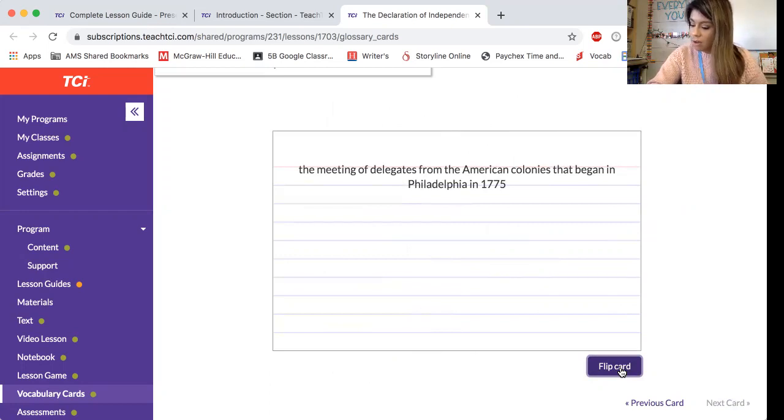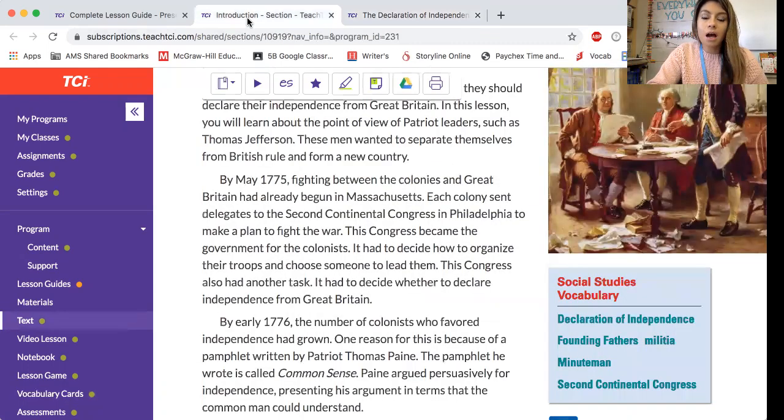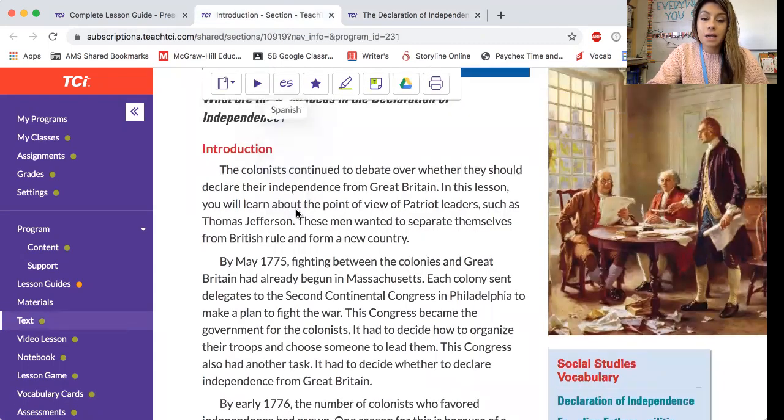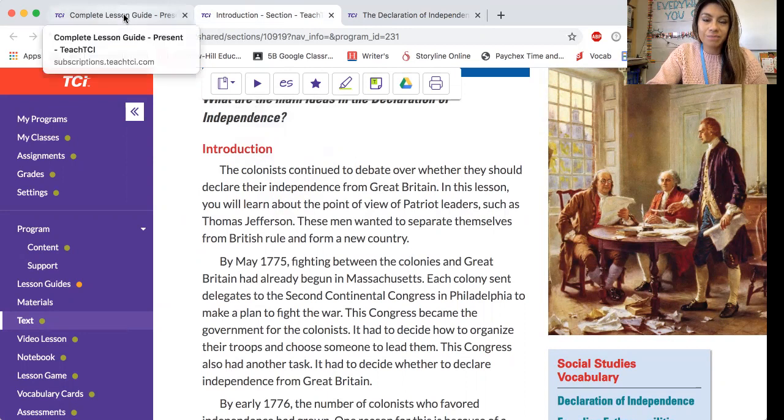So those are the key vocabulary terms that we will be using in this chapter. So again, go ahead and take a moment to read the introduction section in TCI and press play when you are ready to continue.